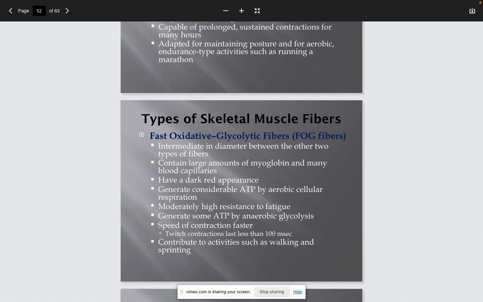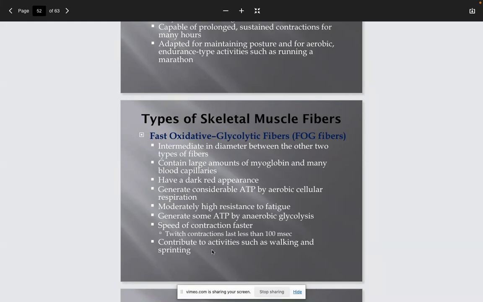So these fast oxidative glycolytic fibers are going to be moderately high resistant to fatigue. They can generate some ATP by anaerobic glycolysis. I think that's noteworthy. And the speed of contraction is much faster. So these are going to contribute to activities such as walking and sprinting.